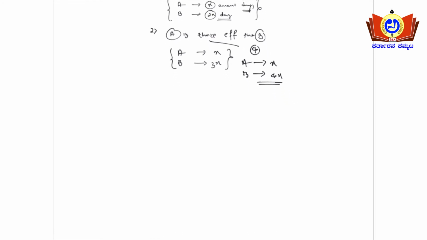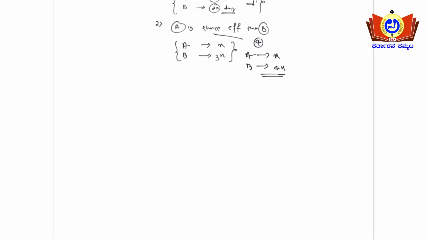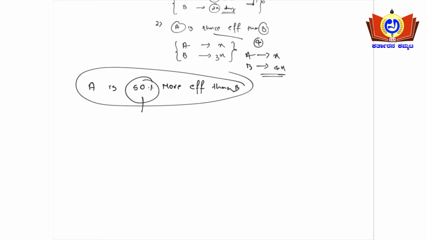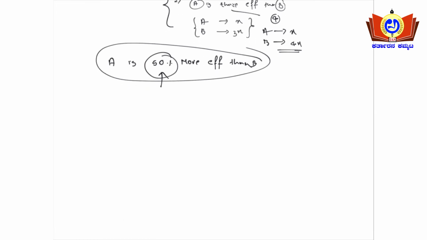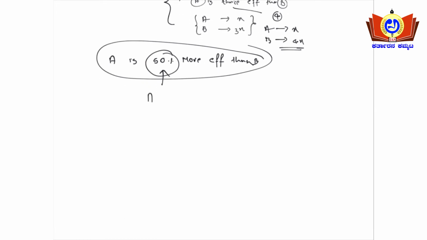Other kinds of problems we will get here: A is 50% more efficient than B. Here 50% is given, whereas earlier they had given 2 times, 3 times, 4 times. So if there are 2 persons, A and B, and A is 50% more efficient, yes or no?